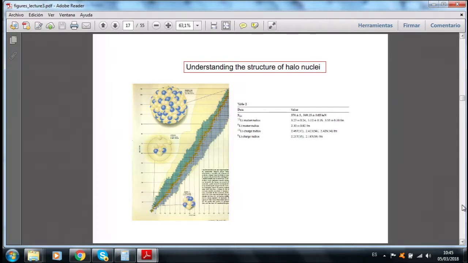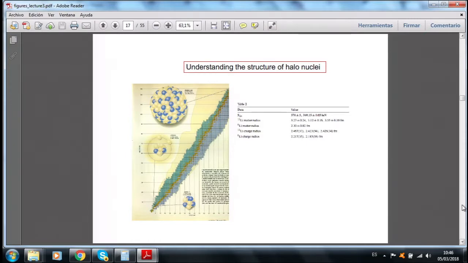So this would be lithium-9, then the radius corresponding to lithium-11, and you can see that this increase in the size of the nucleus brings you to a size that is not as large as a lead nucleus, but is something in between.